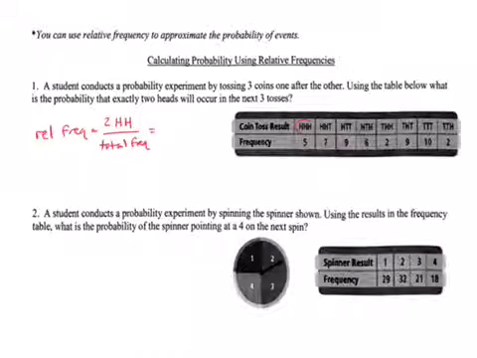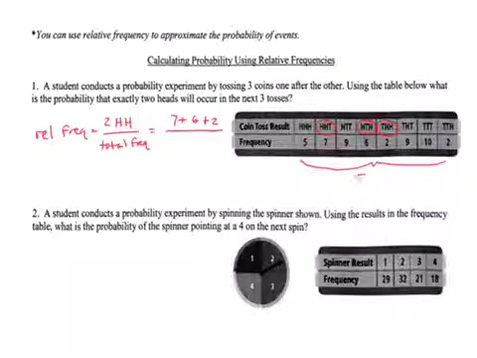So here we've got this one, it showed up. Oh, it says exactly 2 heads, so that one won't work. That's 3. So we've got exactly 2 heads here, exactly 2 heads here, exactly 2 here, and that's it. Those are the only ones with exactly 2 heads. So our relative frequency for 2 heads is the combination of 6 plus 7 plus 2, and then we take that over the total frequency for the entire number of throws.